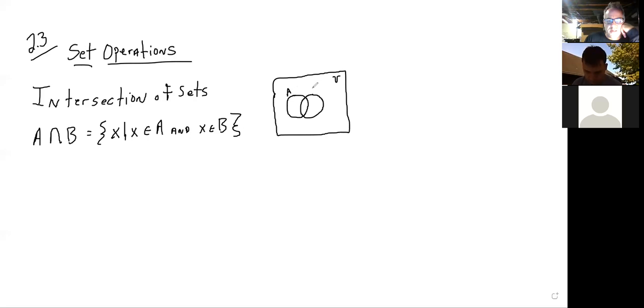We want to shade what would be representative of the elements of A intersect B. It's what's common to both, so we want to shade where these two circles overlap. That would be A intersect B. Any questions there? All right.